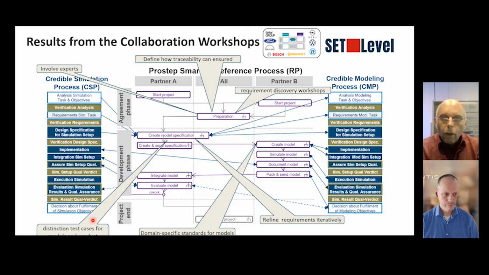And now to the next point, standards. A really important point for us is that we have more standards, not only standards for exchange, like FMI and SSP. We also need standard interfaces for components, for example for a camera, for sensors, also for parts of the vehicles, because adapting them is very costly.